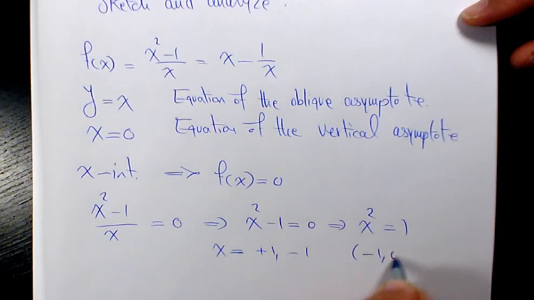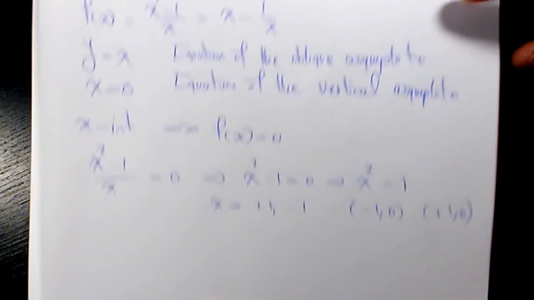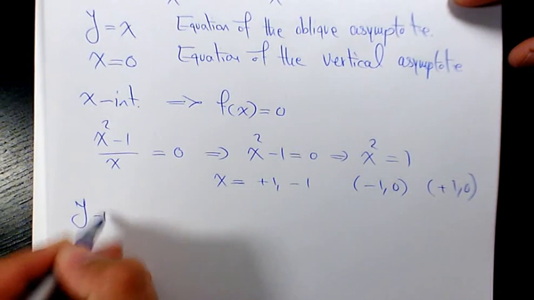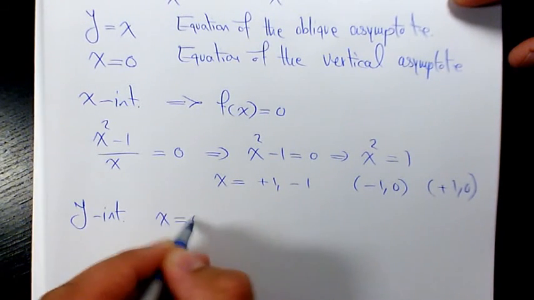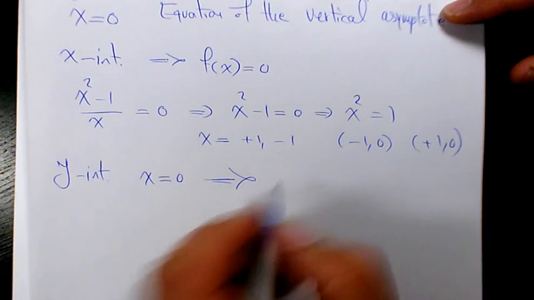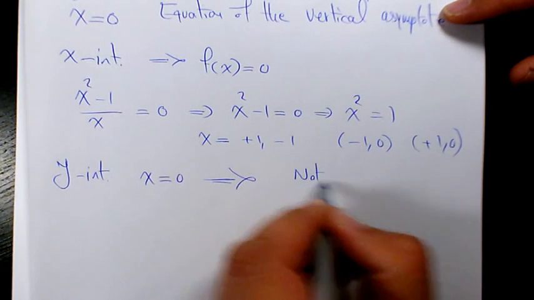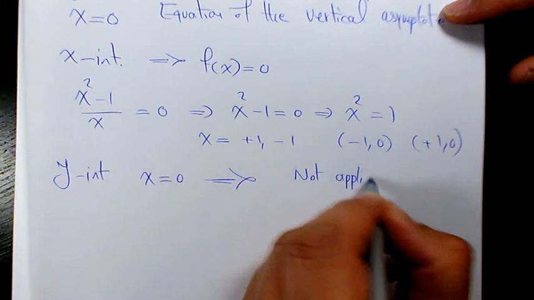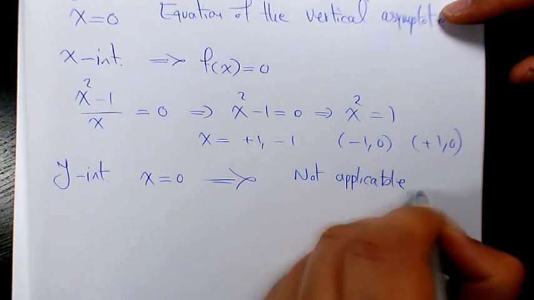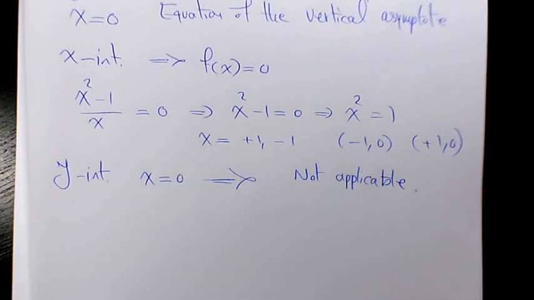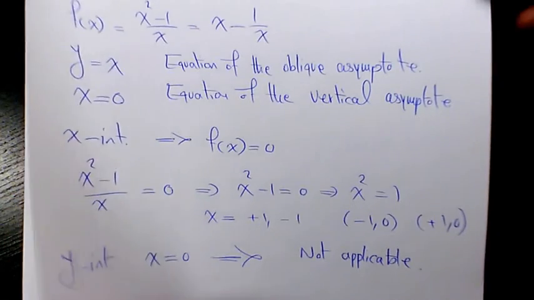So we have 2 points on the graph. On the other hand, we have a y-intercept when x is 0. But x cannot be 0, it is not in the domain, so not applicable. So there is no y-intercept. We have just the x-intercepts. Let's graph it.